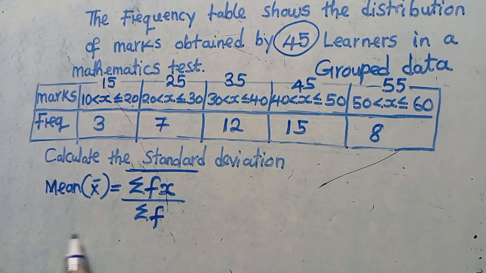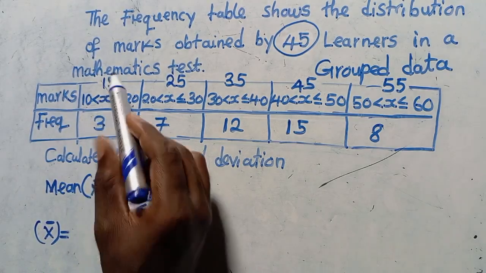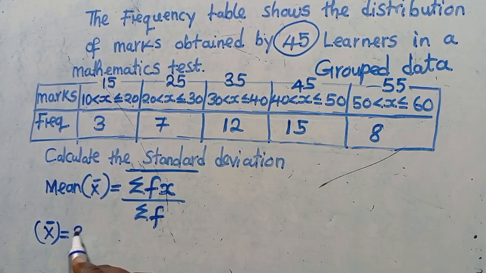So what are you going to do? You say mean is equal to frequency times x. You start with 3 times 15, 3 multiplied by 15, and you put that in brackets to separate.